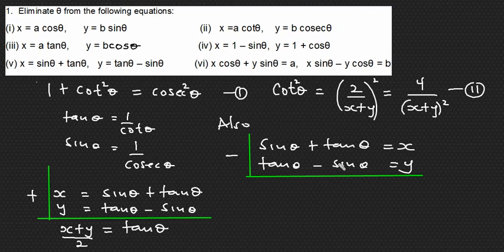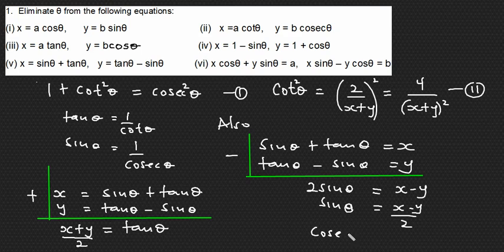So I get sine minus minus, which is 2 sine. So this is going to be 2 sine theta equal to x minus y, meaning that my sine theta is x minus y over 2, and the reciprocal, which is the cosec theta, will be 2 over x minus y. So let me create some space here.